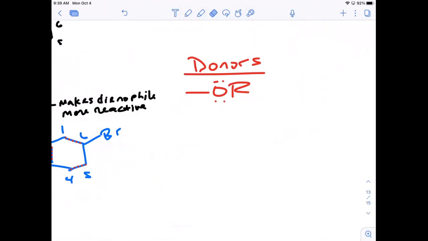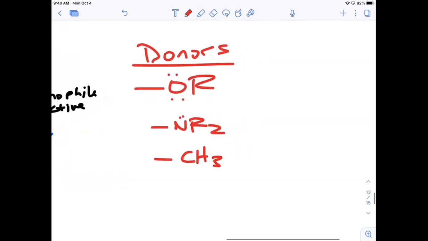It can be an amine. It can be a methyl group. They are inductive donors, not resonance donors. But anything that can donate electrons into the diene is going to speed that reaction up.